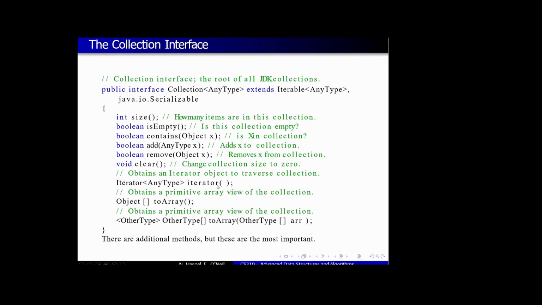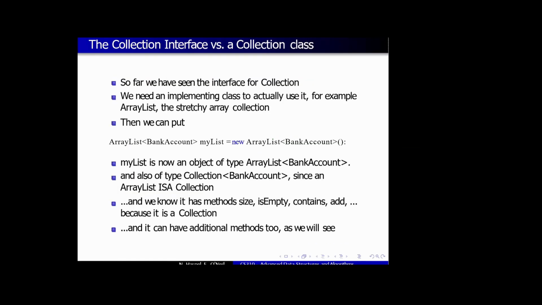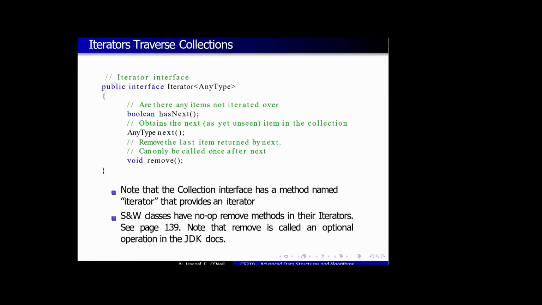So you call iterator and you get back an object, and that object must be an iterator. So what is an iterator? Well, here's the interface for it. It has next, hasNext, and also remove. So this is what you get back, an object that implements this interface.